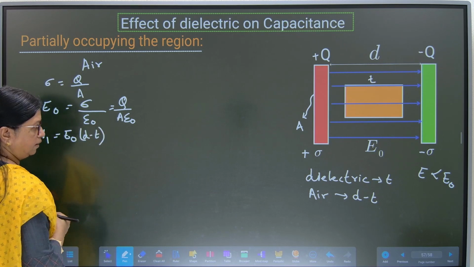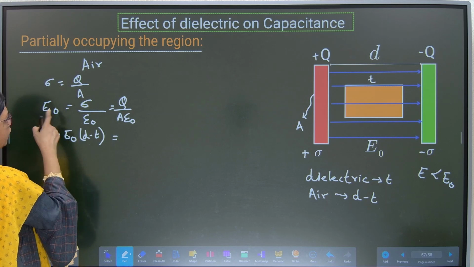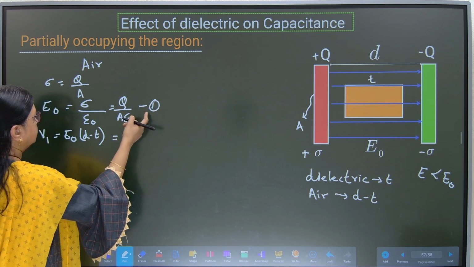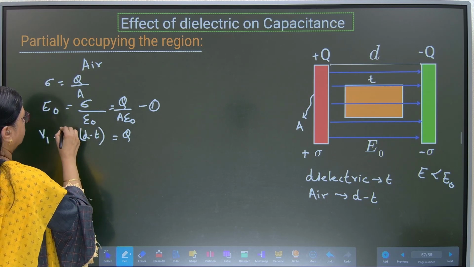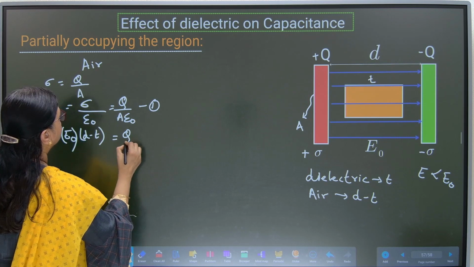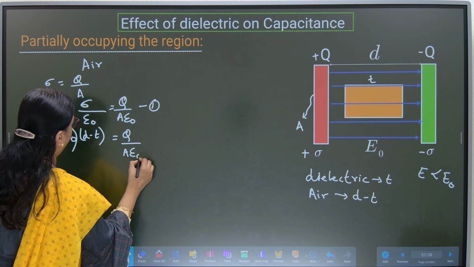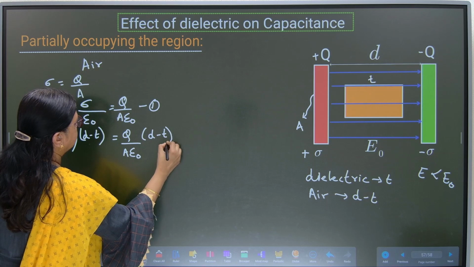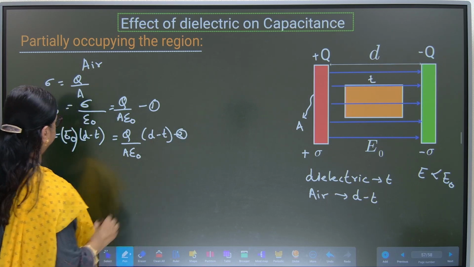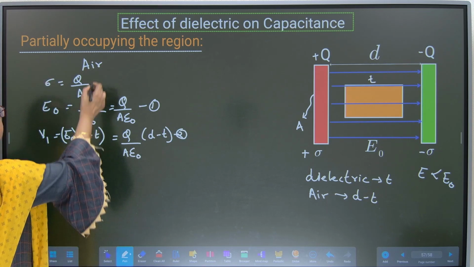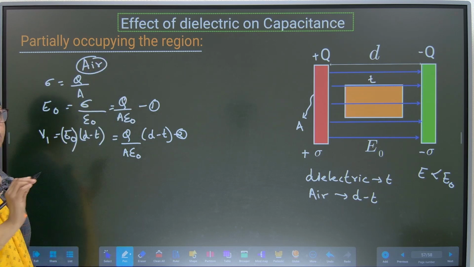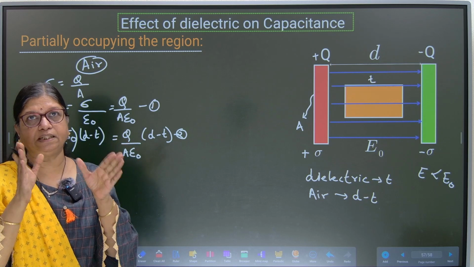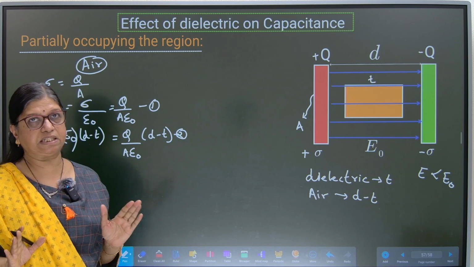Therefore, substituting the value of E naught from equation 1, we get Q upon A epsilon naught, into D minus T. That is equation number 2. These equations 1 and 2 we got for air with a distance of D minus T.